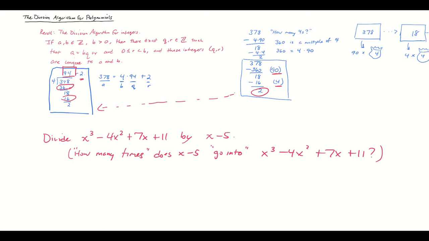So what we're really looking for is we're trying to write x cubed minus 4x squared plus 7x plus 11 as some multiple of x minus 5. So this times some polynomial q of x, and that's going to be called our quotient. And then some hopefully small remainder from which I can't take out any more little bundles of x minus 5. So these represent our bundles of x minus 5, and these represent what's left.